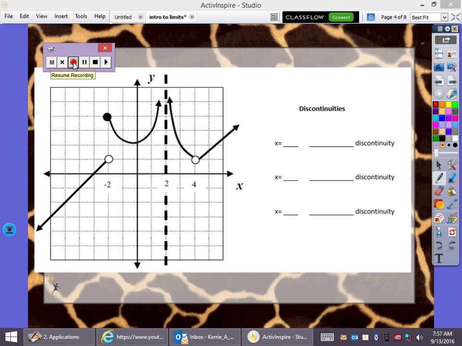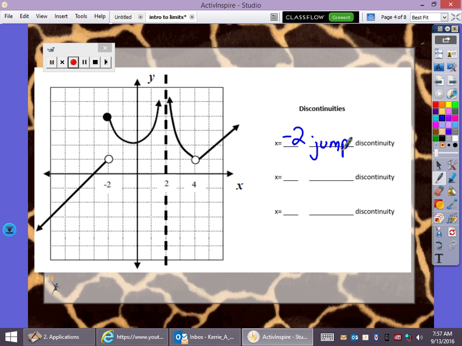Okay, so you have this paper before you, and now we're going to talk about something that we talked about the opening week of school. We're going to talk about discontinuity. Looking at the graph from left to right, which is the first point of discontinuity that you see? -2. And what type of discontinuity is that? That is a jump. Okay?